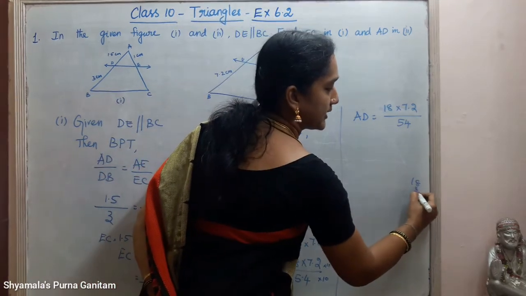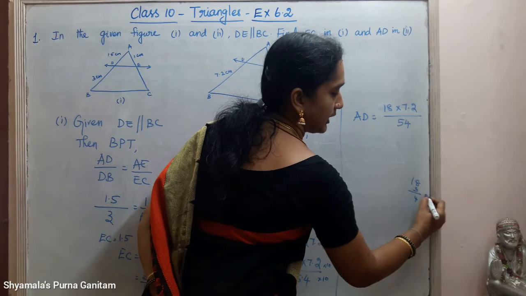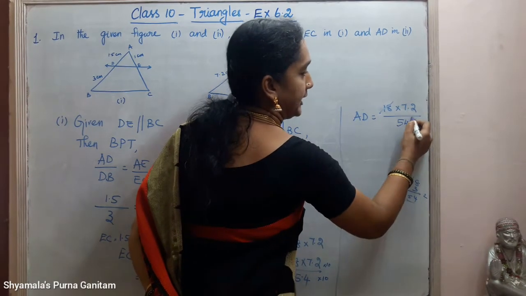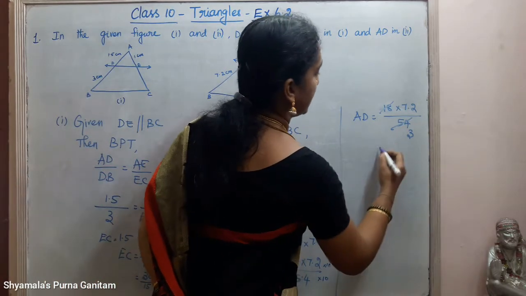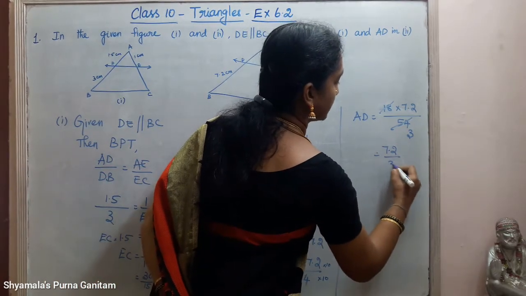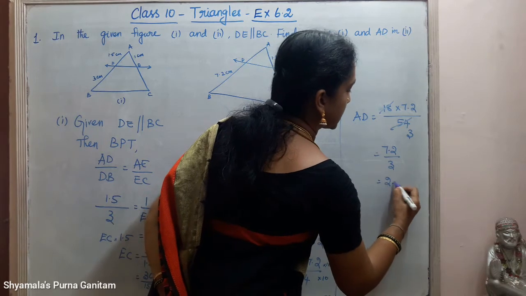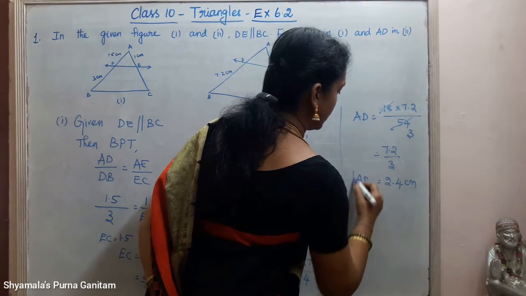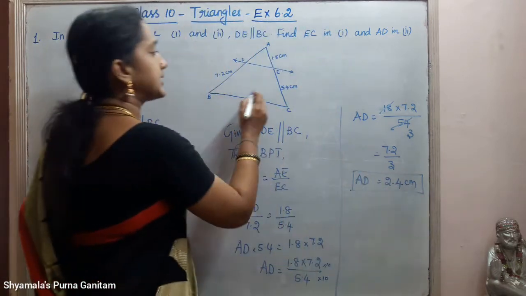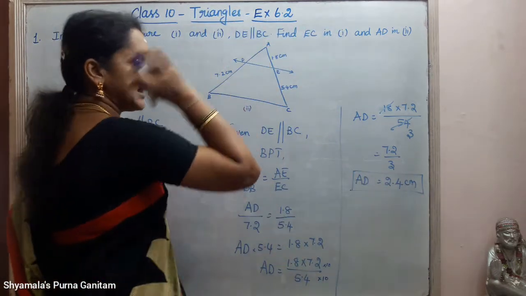Then 18 3s are 54. When we divide 7.2 by 3, 3 2s are 6, 3 4s are 12, so we get 2.4 centimeter. So the length of AD is 2.4 centimeter.